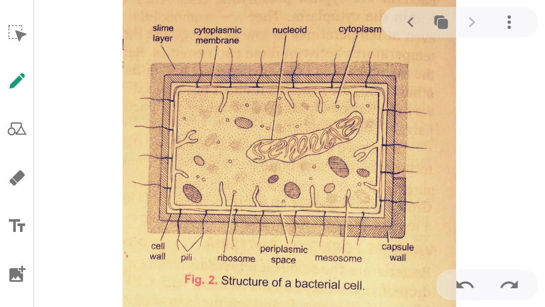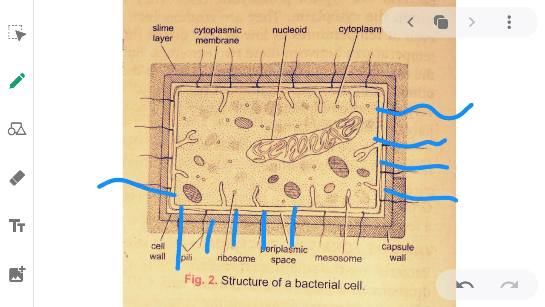If we talk about these structures, these are pili. And what is the use of the pili? Pili are used at the time of conjugation, which is a sexual reproduction process. Their work is attachment with surfaces, attachment with the cell. One bacterium attaches to another bacterium with the help of pili.